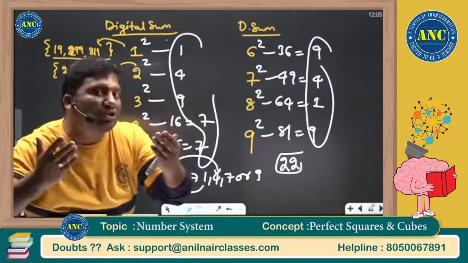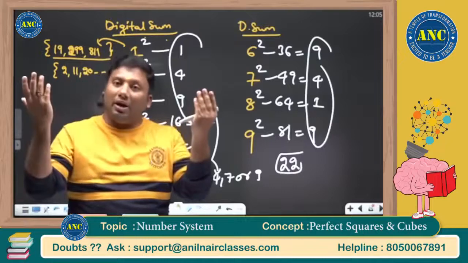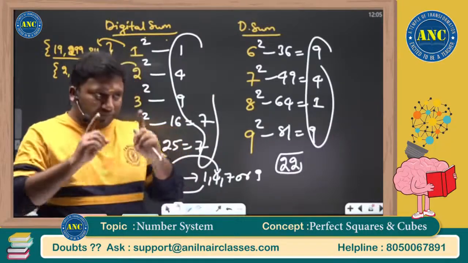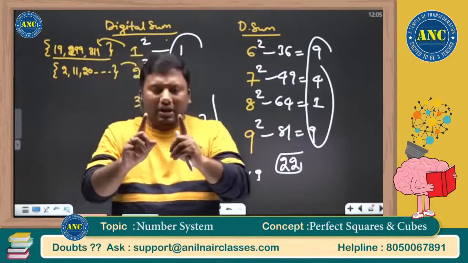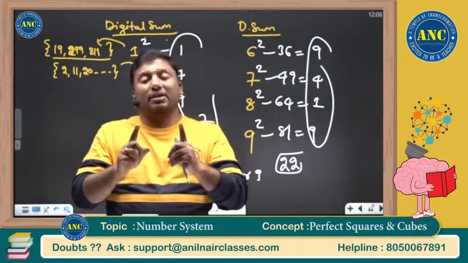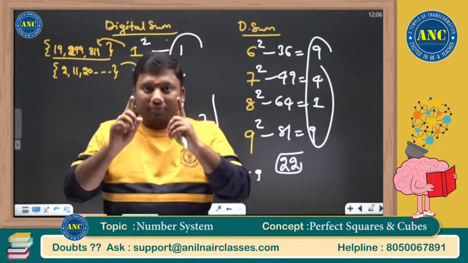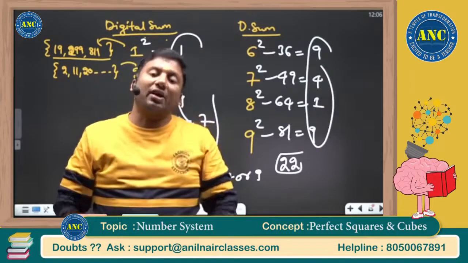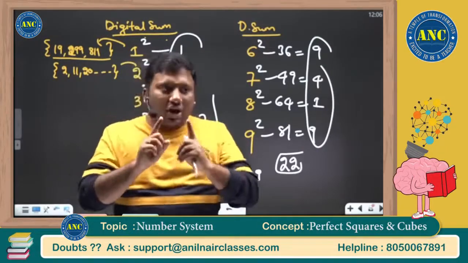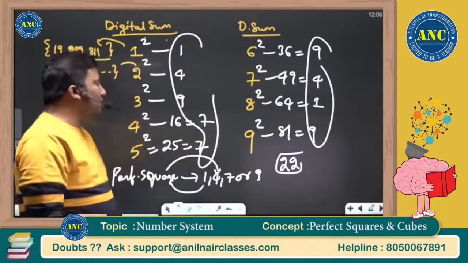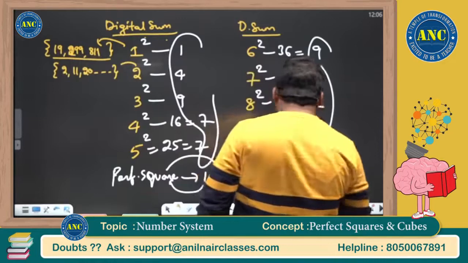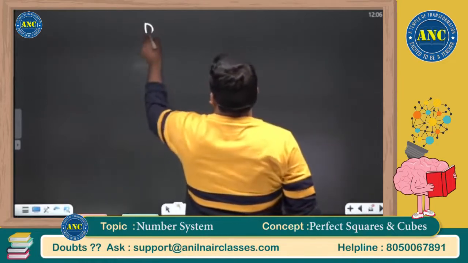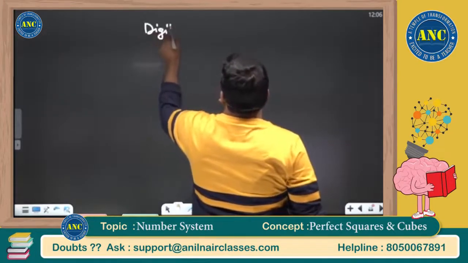If it is 1, 4, 7 or 9, it may or may not be a perfect square. If you are asked to check whether a number is a perfect square or not, use the digital sum. If the digital sum is any digit other than 1, 4, 7 or 9, then it is not a perfect square. Now, remember everything, sir. Digital sum.